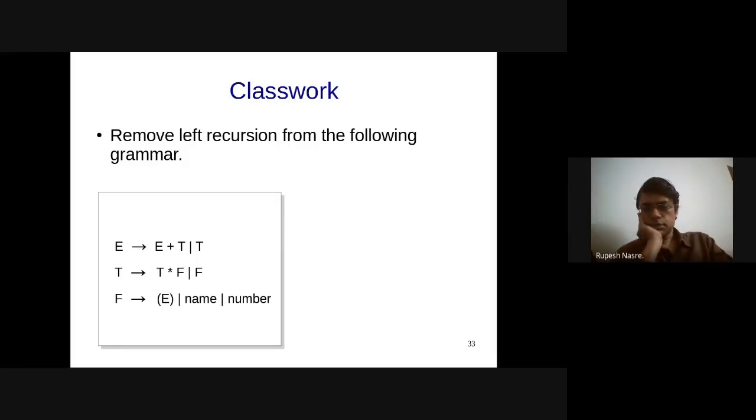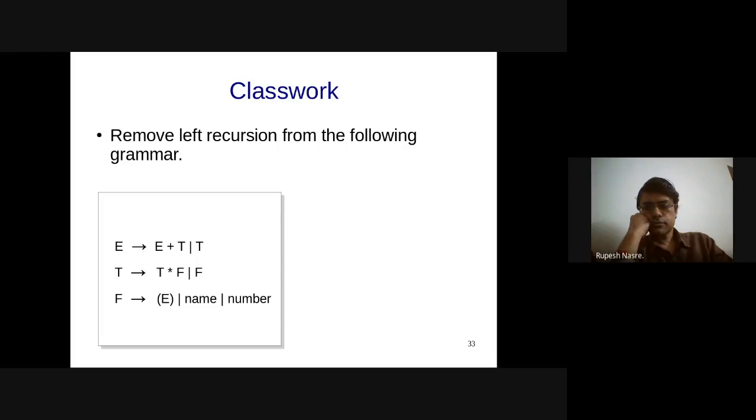Okay, for T it will be F. Okay, E derives TB and B derives plus TB or epsilon.